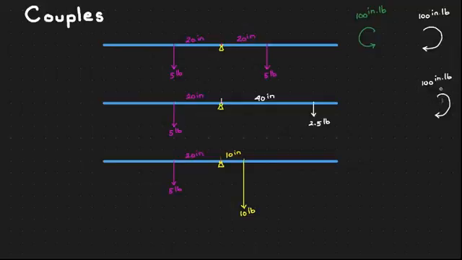We will still need 100 inch-pounds. 40 inches times 2.5 pounds is indeed 100 inch-pounds. If we were to increase the force by a factor of 2 still, we will still need 100 inch-pounds counterbalancing moment in the clockwise direction to balance the beam.